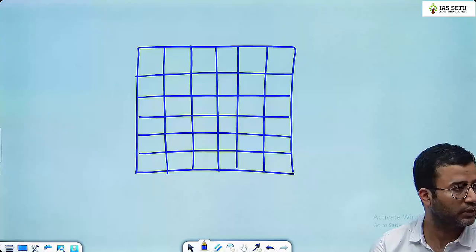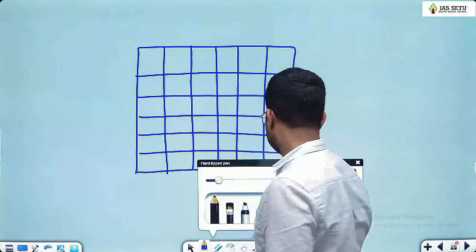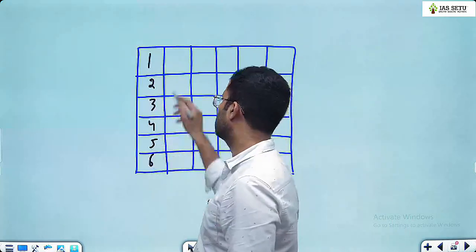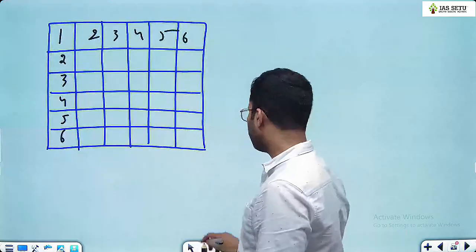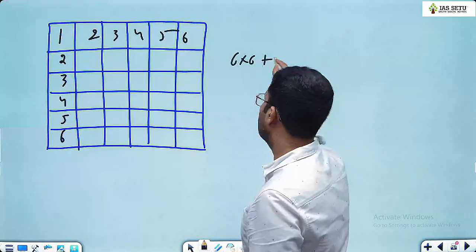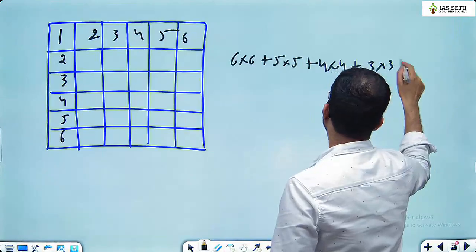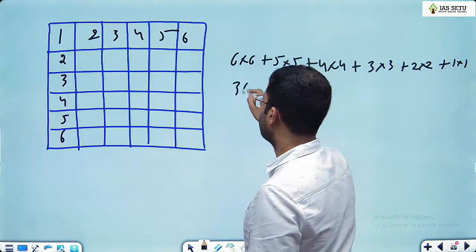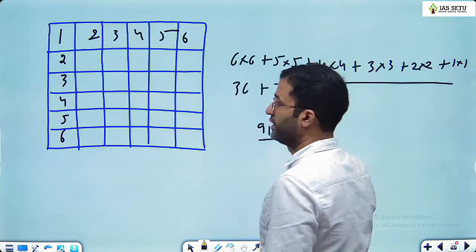Category 1 student: 91. So here what we do: 6 into 6 plus 5 into 5 plus 4 into 4, 3 into 3, 2 into 2, 1 into 1. So 36 plus 55, this is 91. You can check.